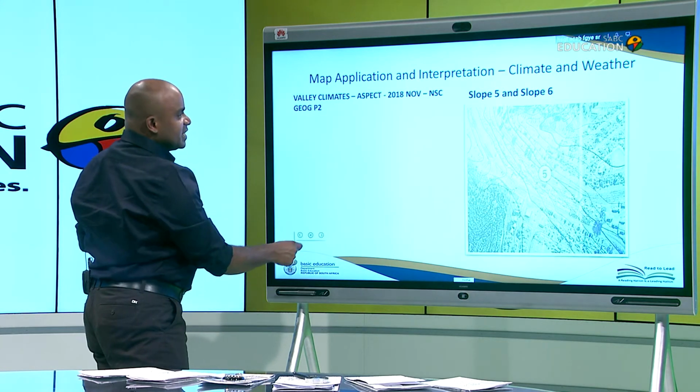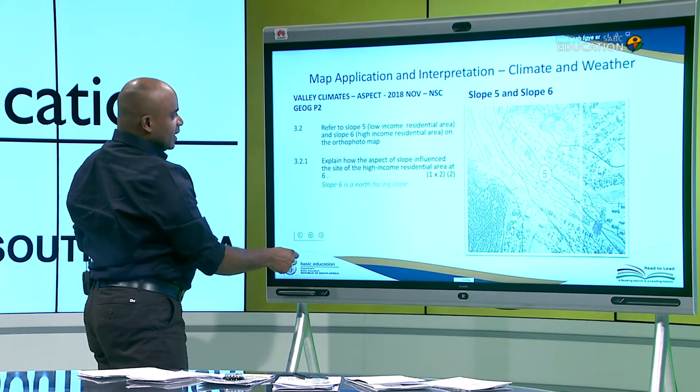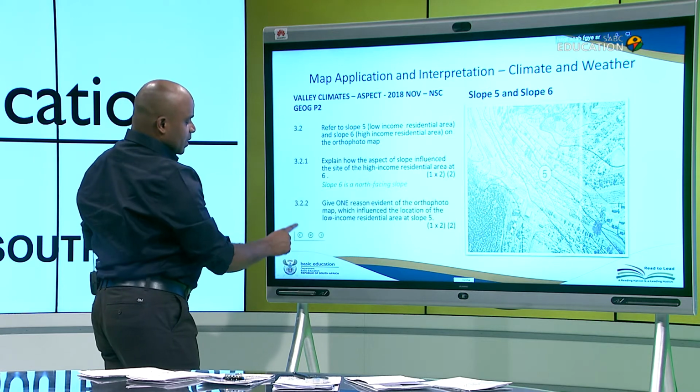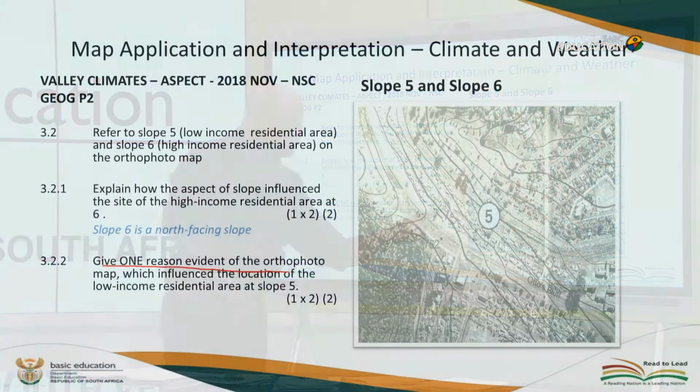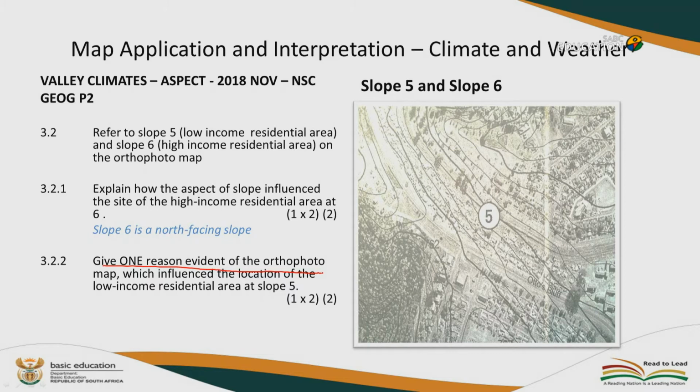Again in 2018, slopes 5 and 6, the next question read as follows. Give one reason evident on the orthophoto map which influenced the location of low-income residential area 5. Again, we are comparing two types of slopes, slope 5 and slope 6, and trying to determine how these slopes are differentiated in terms of residential.